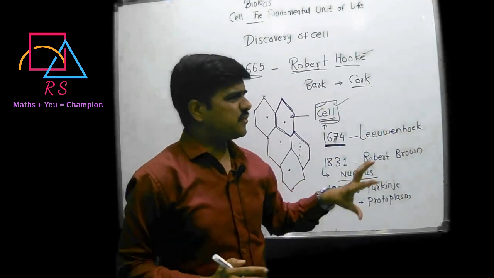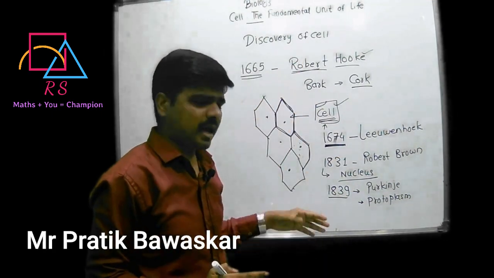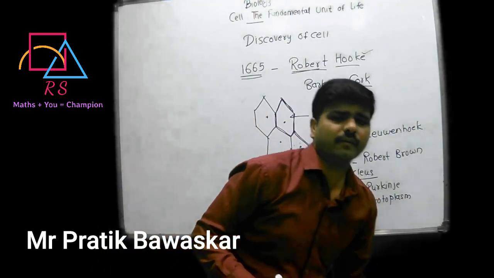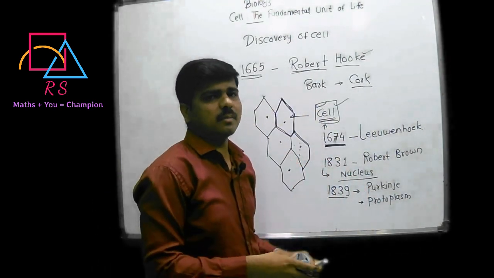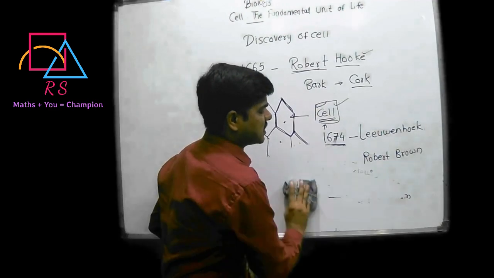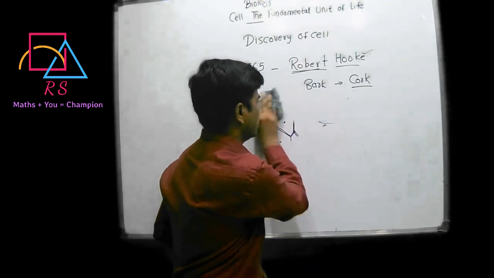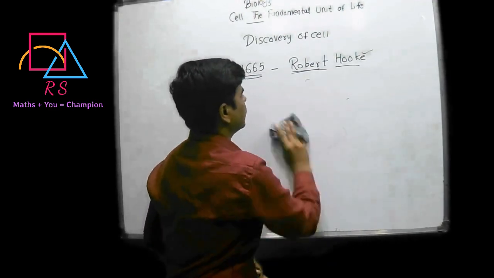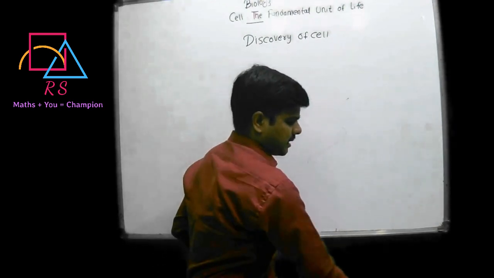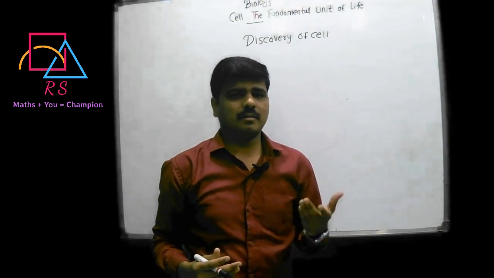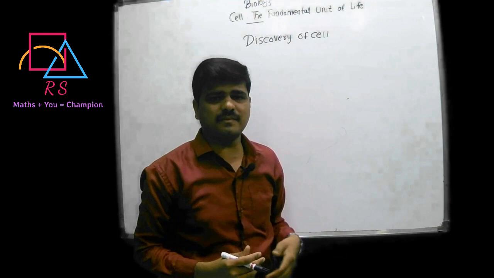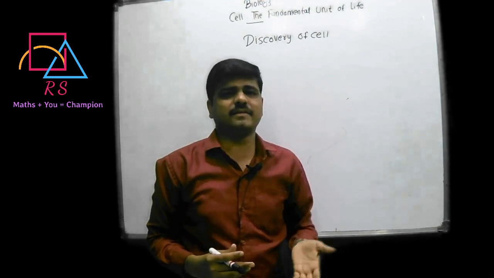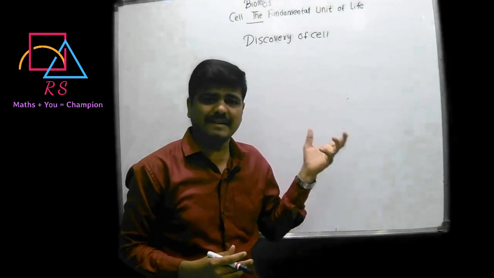Now these are a few things related to the discovery and the observations of various scientists. Let us talk about the various observations we found during this particular era. Discovery was there in 1665. Antoine Leeuwenhoek in 1674 observed pond water living cells.